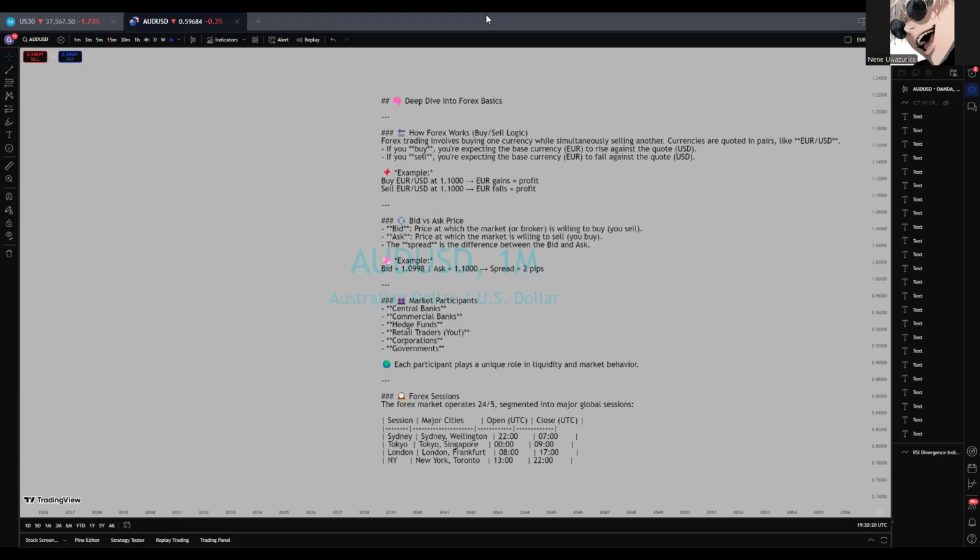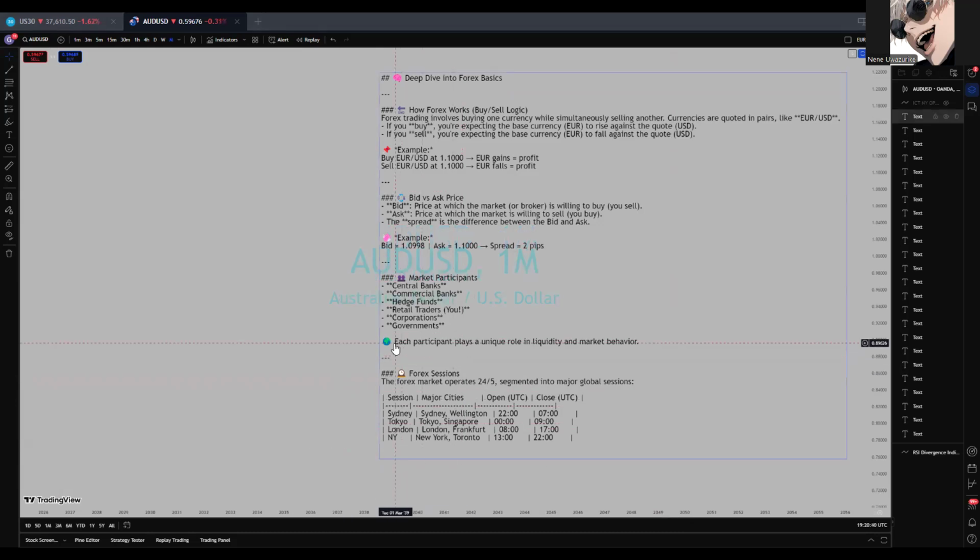So it's always good to have your strategy aligned towards the market maker strategy. If you're not aligned with them, they'll most times want to win over you. Each participant plays a unique role in the liquidity and market behavior. Like I said, everybody affects the market, but very little in terms of retail traders and speculators.